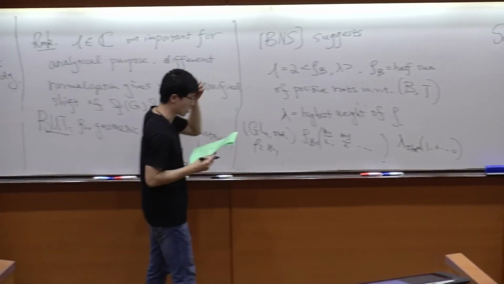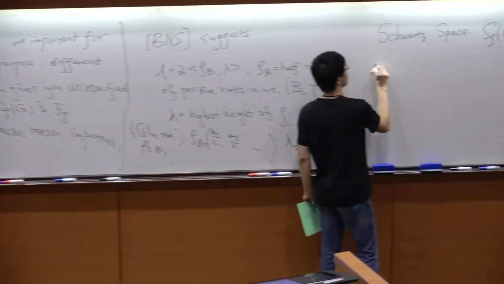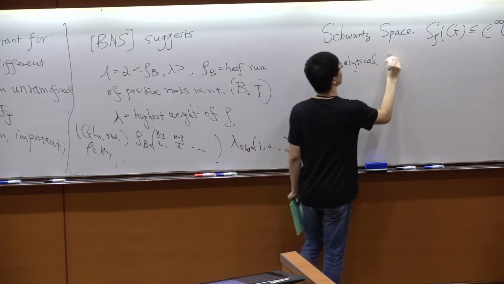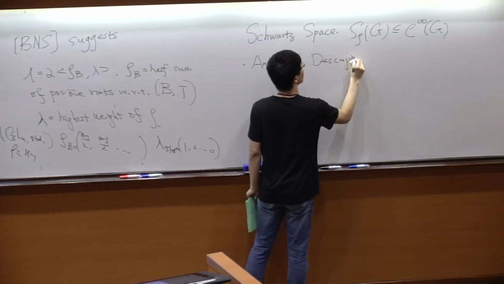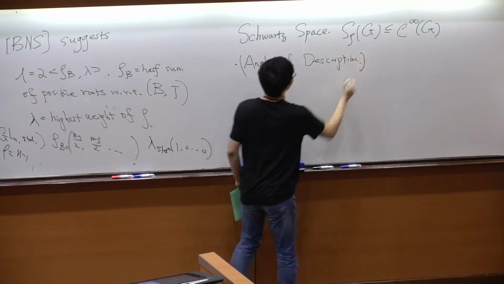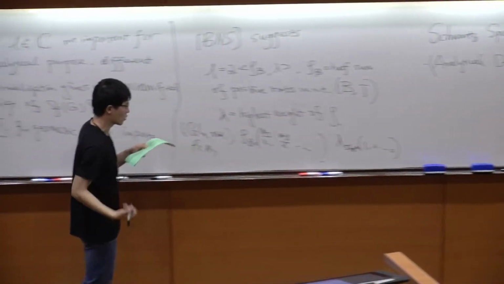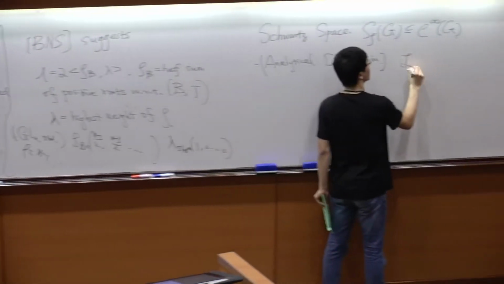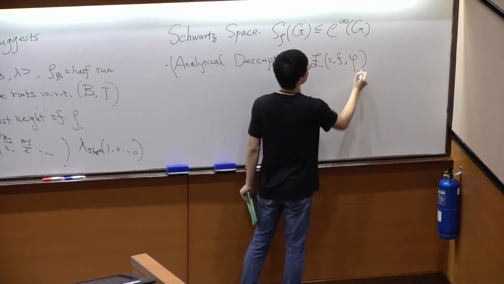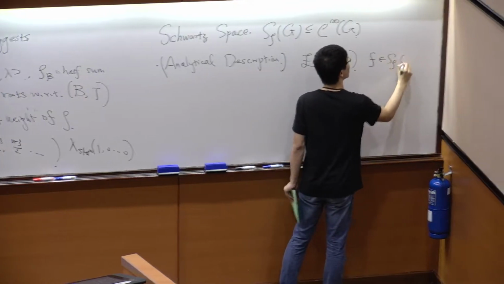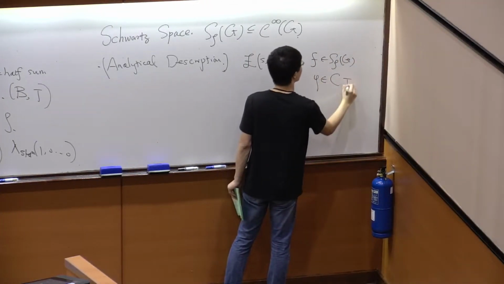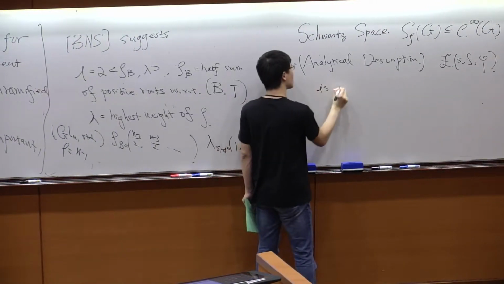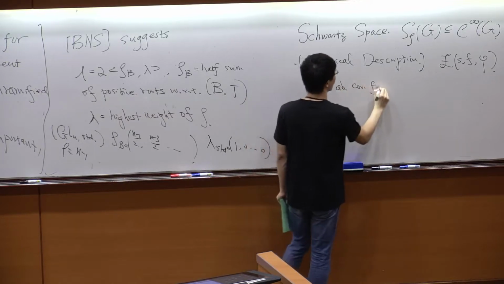We have the following three descriptions. So first is the analytical description. The analytical description is just the GCD property that we have just mentioned. In other words, if you plug the Schwartz function into the zeta integral, and here phi is a matrix coefficient, then the zeta integral is absolutely convergent for real parts sufficiently large.